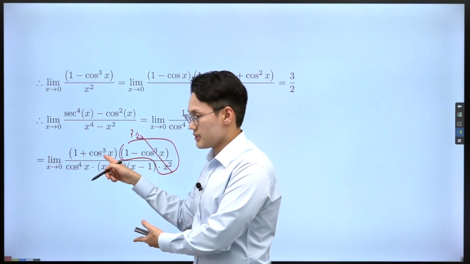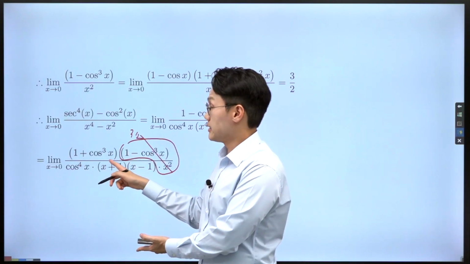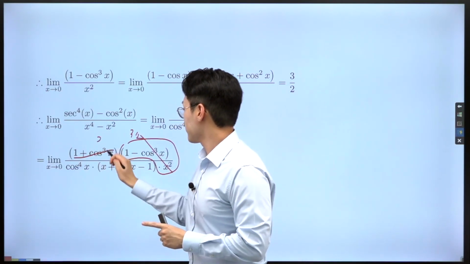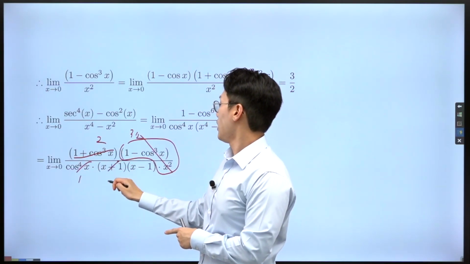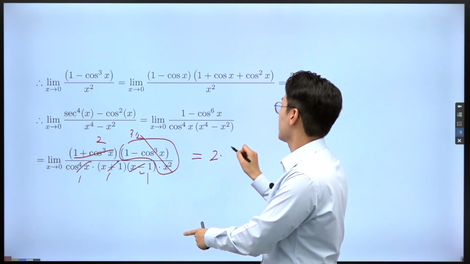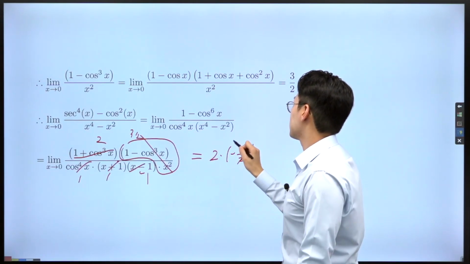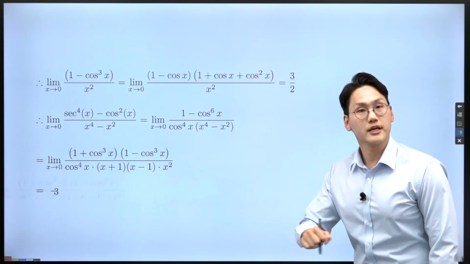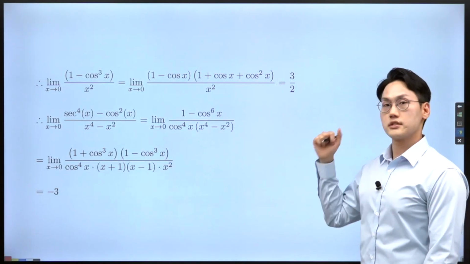And then the rest is pretty trivial because cosine 0 is 1, so the numerator here will become 2, and this is 1, 1, negative 1. So in the end, you will just have 2 times negative 3 over 2, which cancels out, and happens to be just negative 3. That is the final answer for this limit problem.